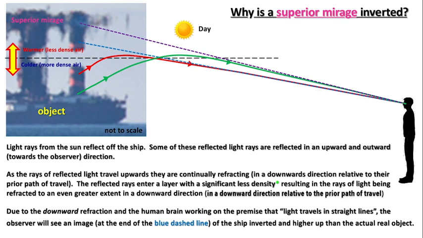The reflected rays enter a layer with significantly less density, resulting in the rays of light being refracted to an even greater extent in a downward direction. Due to the downward refraction and the human brain working on the premise that light travels in straight lines, the observer will see an image at the end of the blue dashed line of the ship inverted and higher up than the actual real object.